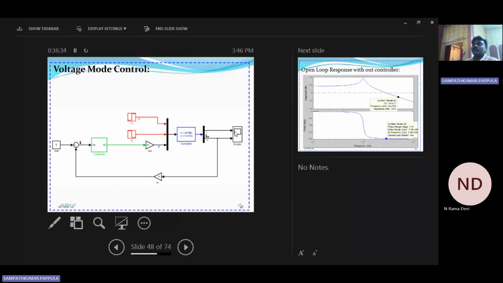And finally, you need to observe the output response. By using the frequency analysis or whatever analysis, finally you need to get the desired output. Okay, so this is the process. We need to design a controller to get the desired output response.